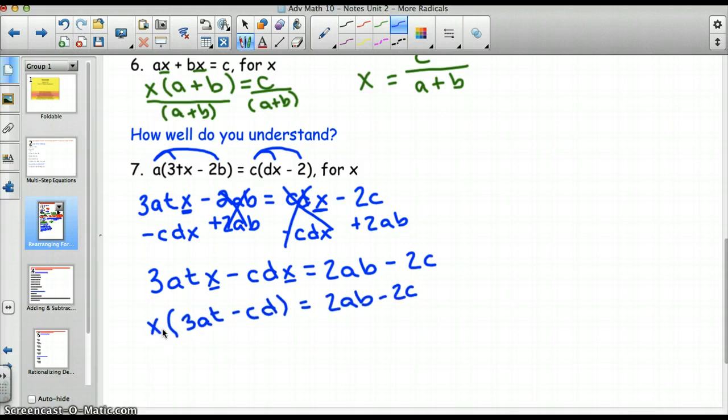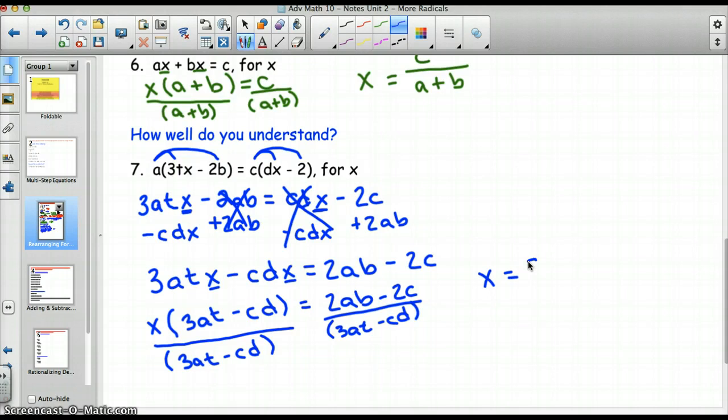The x is isolated on the outside, so I'm going to divide by what I have in parentheses on both sides. And that's going to become my final answer. x equals 2ab minus 2c over, and again I don't need the parentheses, 3at minus cd.